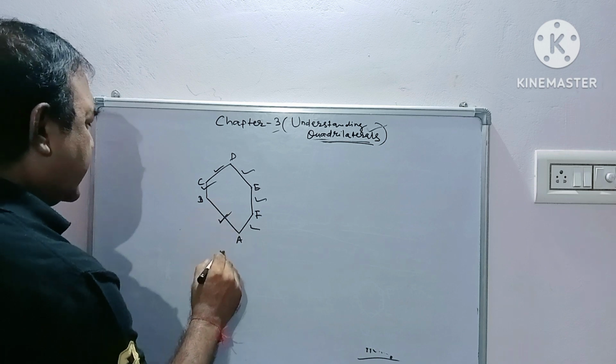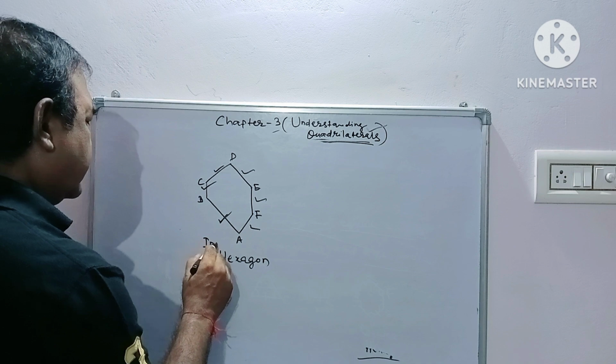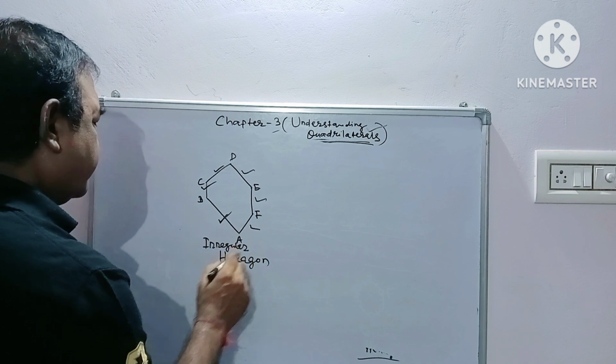So this is also a hexagon, but this is an irregular hexagon.